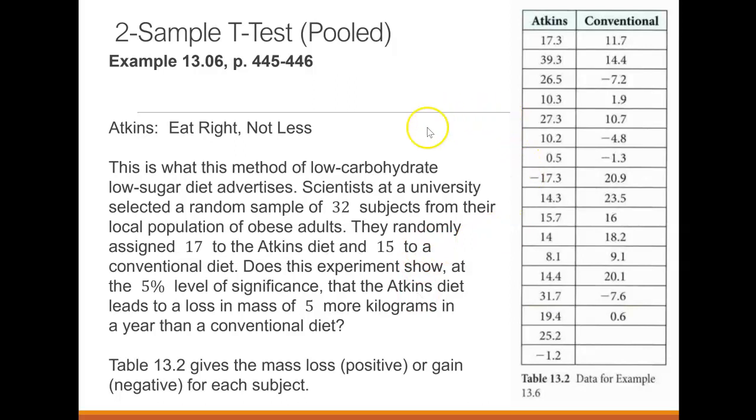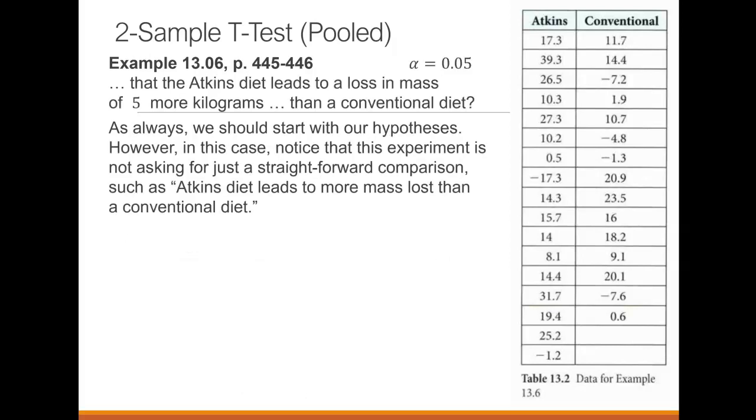So how do we start? Before that, we write our hypotheses. But notice here, this experiment isn't asking for just a straightforward Atkins leads to more loss than the conventional, right?